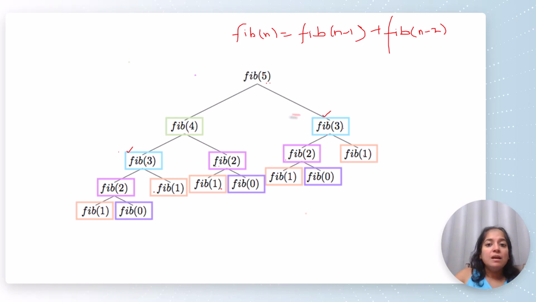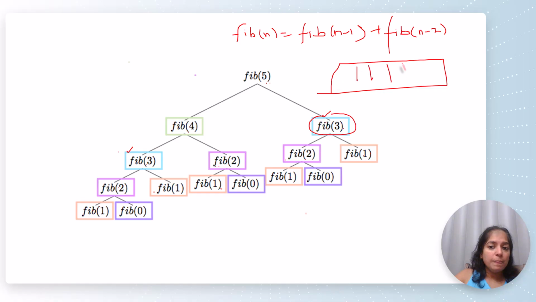For example, for Fibonacci 3, store the value of Fibonacci 3 in an array so that if I call Fibonacci 3 again and I see it is already evaluated, I take the value from the array instead of calculating it again.